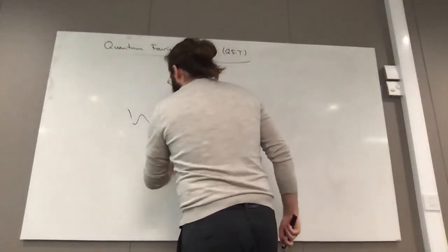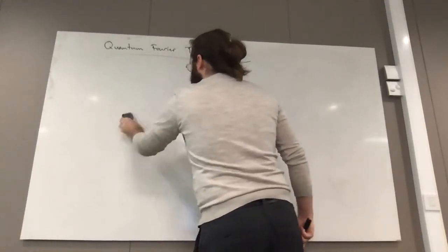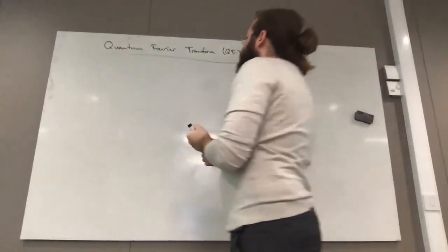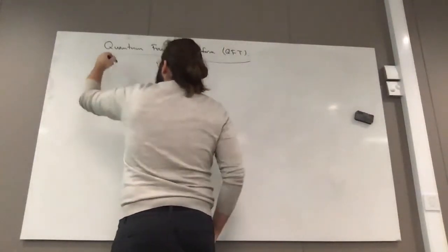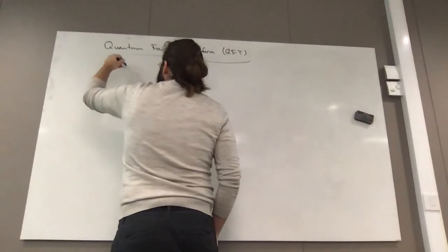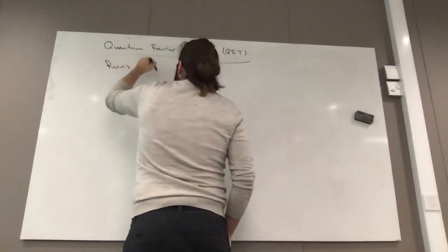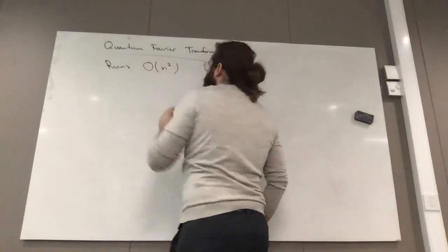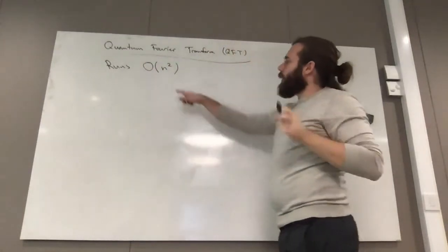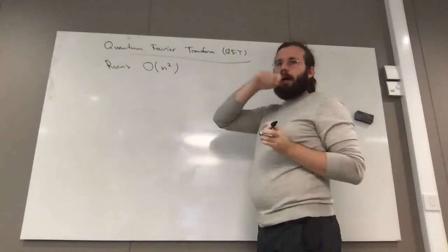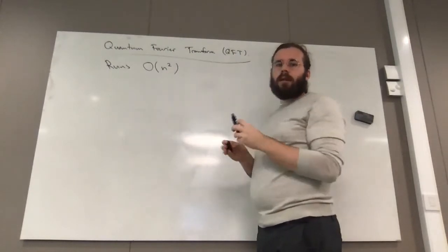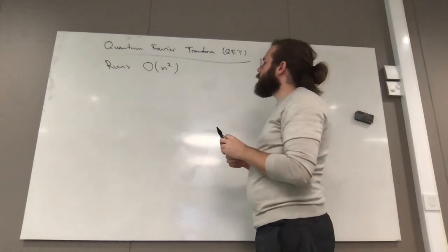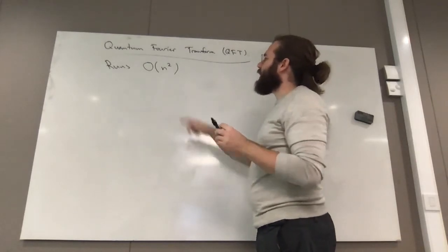So the Quantum Fourier Transform is interesting because it runs in big O of n squared, where small n is the number that you input, which is, no, it's not the number, it's the length of the number.